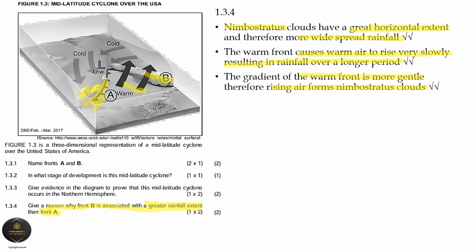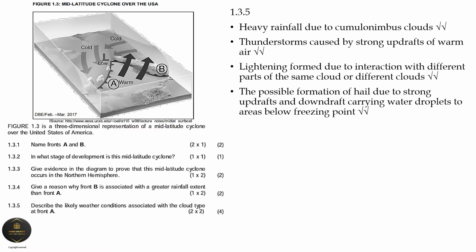So the question wanted you to think about the structural differences of the different fronts and how they affect the extent of rainfall the different fronts will be able to provide.